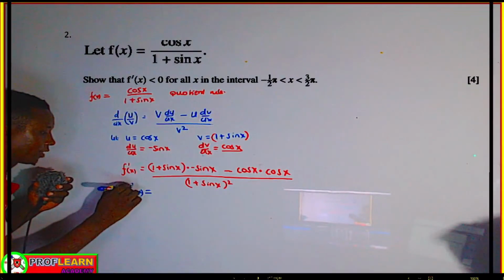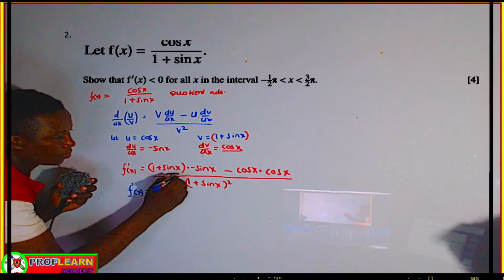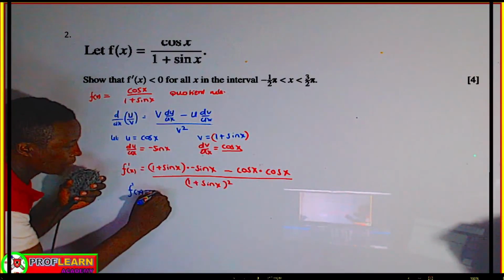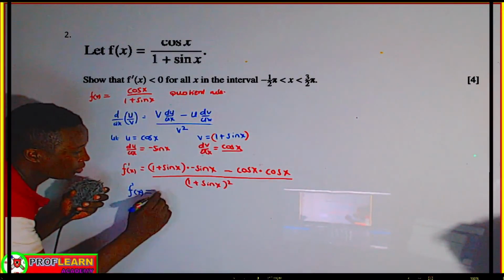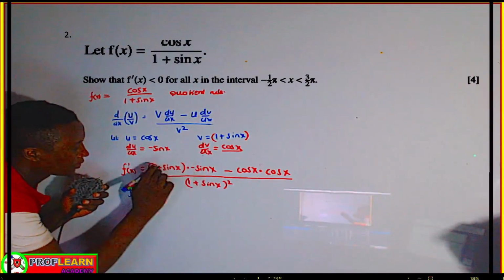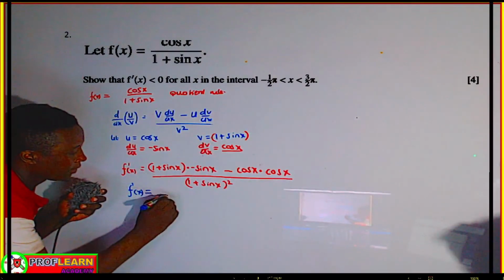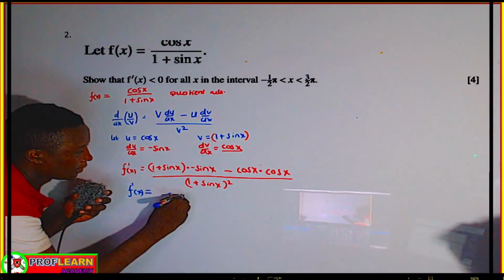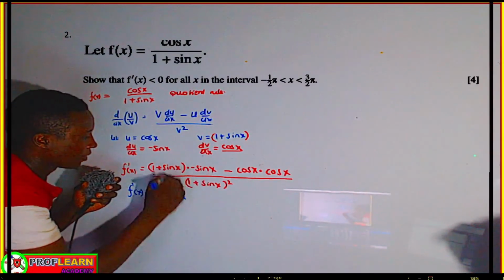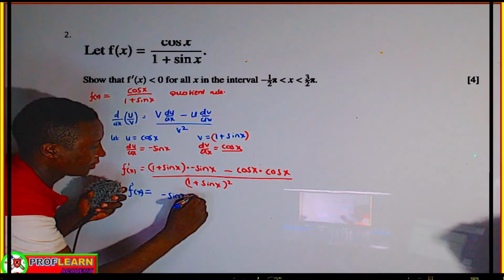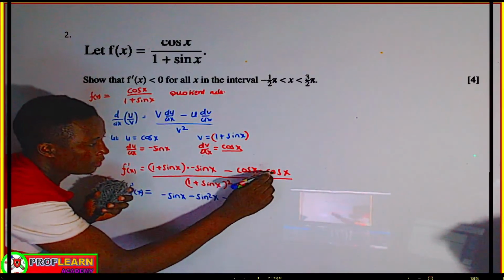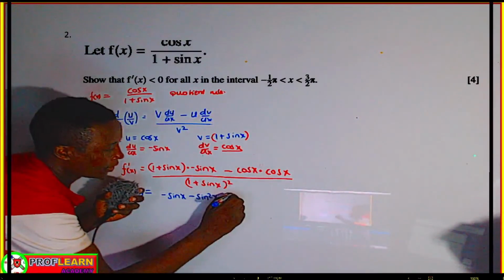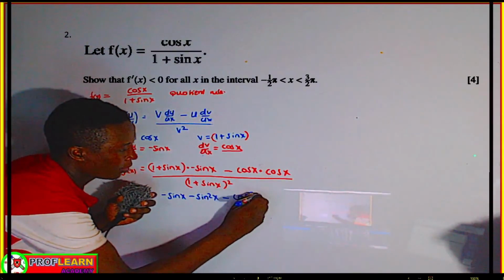So we ought maybe to try to manipulate this for some more time, and have this as f prime of x. If I open the bracket, I'm going to get 1, then negative sine x, and then if I multiply here, I'm going to have negative sine squared x, minus cos squared x.